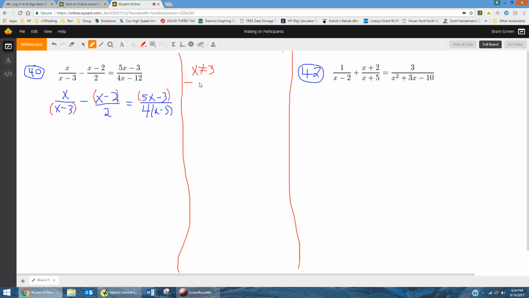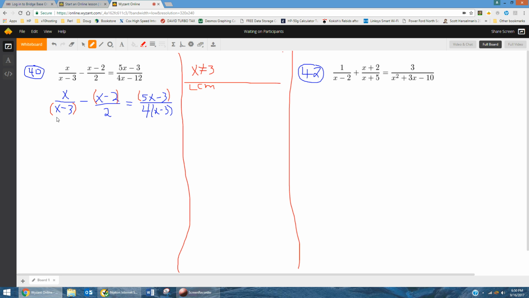Now the next question is, what is the LCM? Because that's what we're going to multiply every term of this equation by to clear the equation of fractions. And you might want to make note of the fact that this 4 is really 2 times 2.